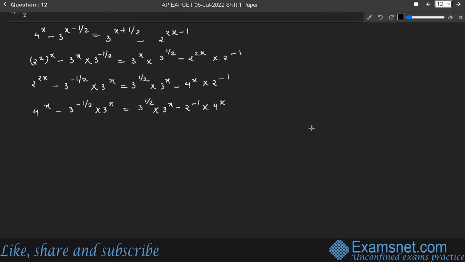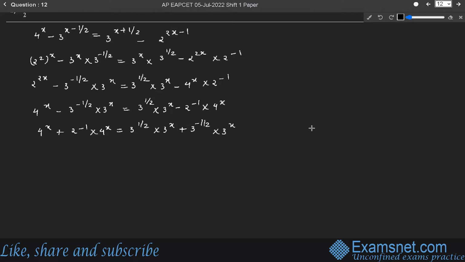Now moving the terms, it will be 4^x + 2^(-1) into 4^x equal to 3^(1/2) into 3^x + 3^(-1/2) into 3^x.